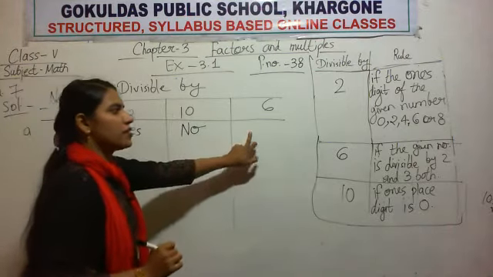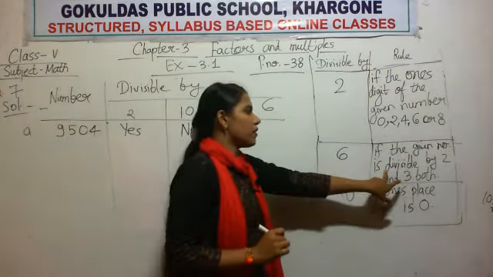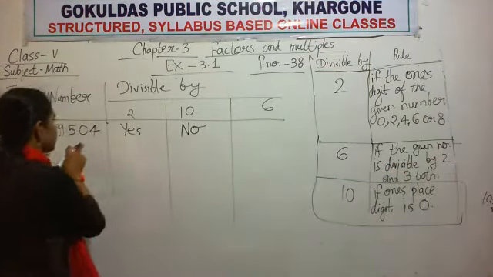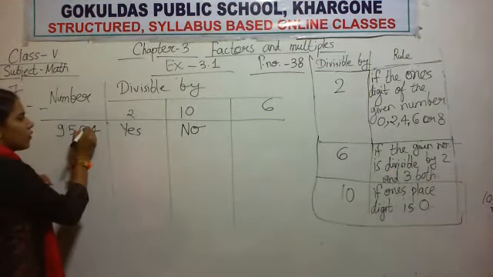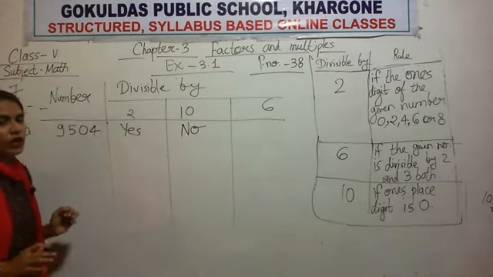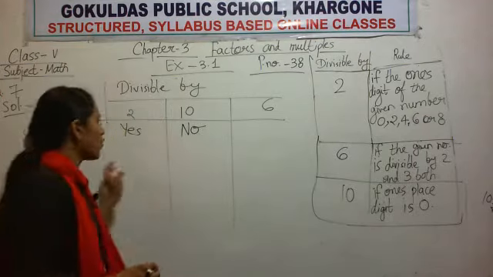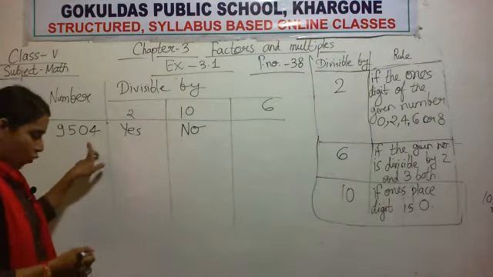Now check for 6. If the given number is divisible by 2 and divisible by 3 both, so yes, this number is divisible by 2. Now let's check if it is divisible by 3 or not. For checking the divisibility by 3, you have to add all the digits of the given number.